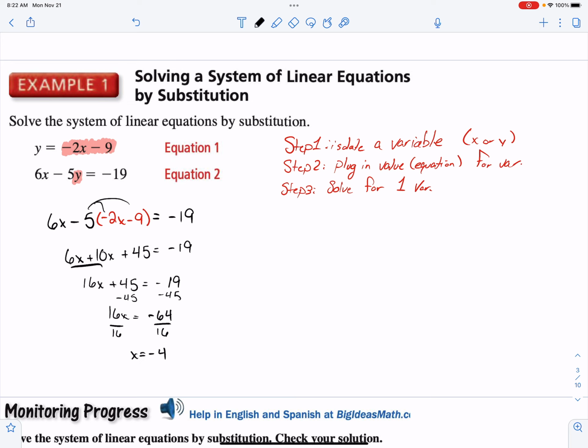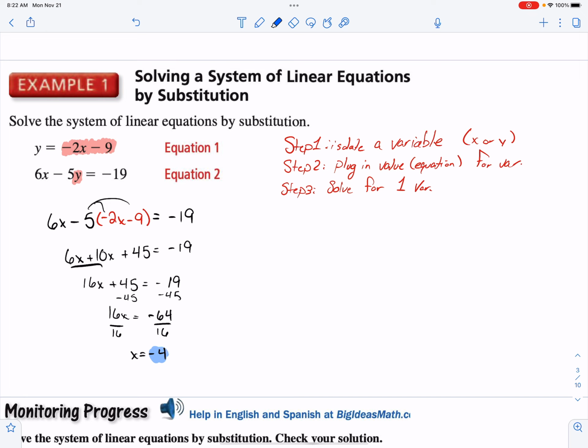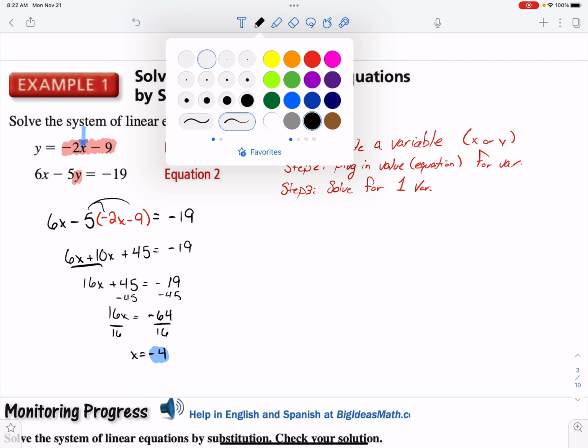Now, that seems like a lot of work, but again, if our intercept is a decimal or a fraction and we can't be exact, this gives us our exact answer. Now, once we know one of the values, we can simply plug it in to our equation that already had the other one isolated to solve for y.